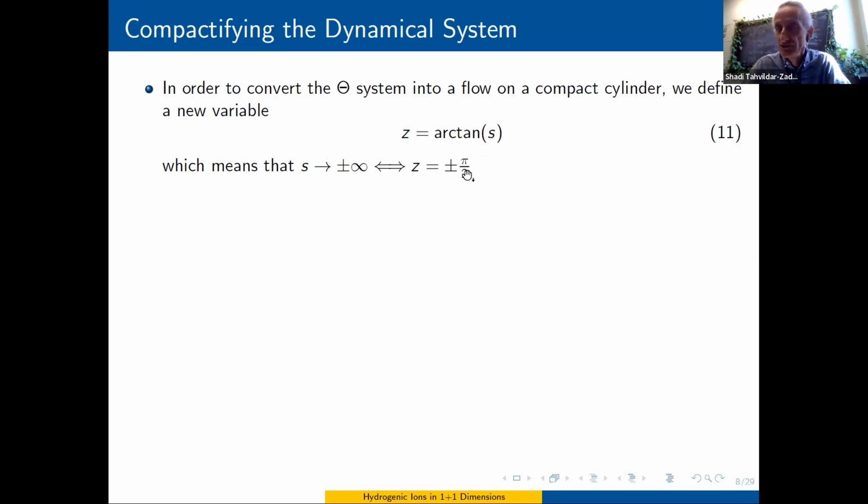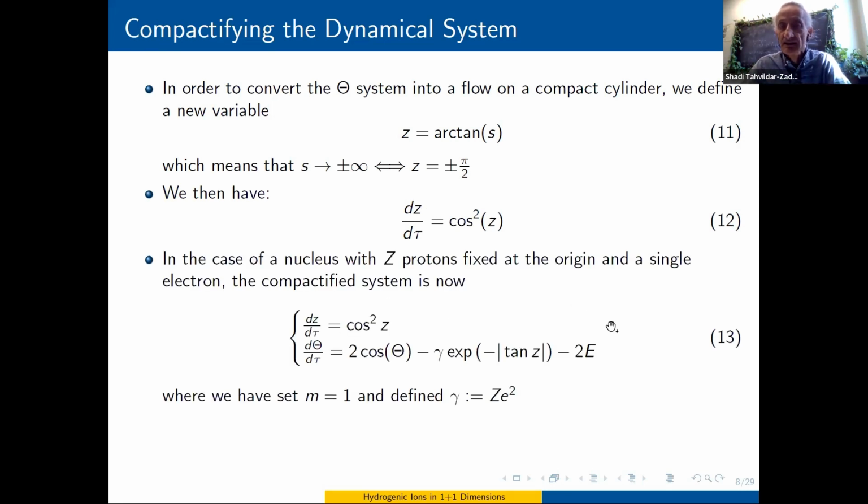So now that just goes from minus pi over 2 to pi over 2. So if we now compute what the derivative of Z is, we get this new dynamical system now. And now the variable Z goes on an interval, and the variable theta goes on a circle because it's an angle. So this is a dynamical system on a cylinder.